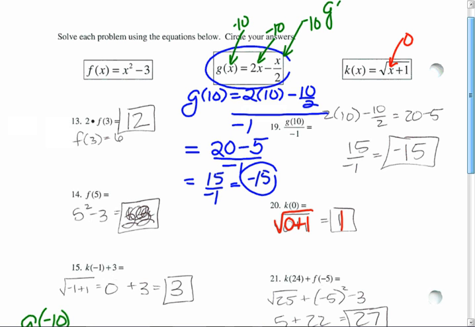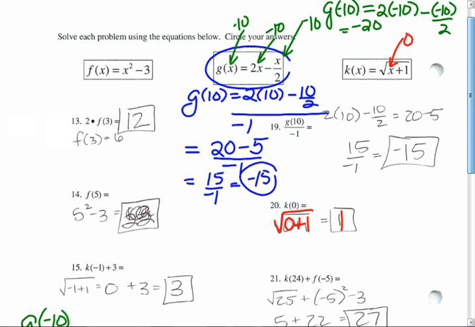So g of negative 10 equals what? 2 times negative 10. Show the work. Don't just give me the minus a negative 10 over 2. Notice my use of parentheses. I did that because they're negatives, and I don't want to get confused. So, Devonta, you said this was negative 20. What's this sign going to be?